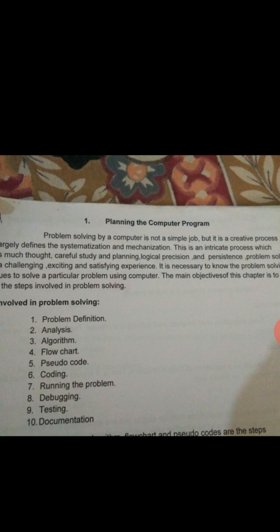The flowchart can be defined as the diagrammatic representation of an algorithm, also known as a pictorial representation of an algorithm. It is referred to as the blueprint of an algorithm. It is also defined as a visual or graphical representation of an algorithm.